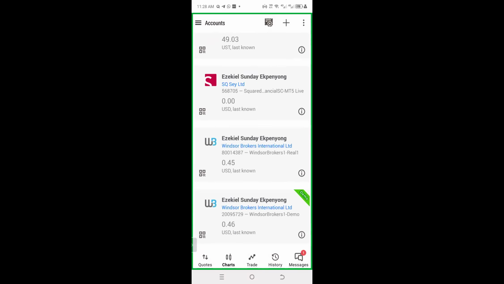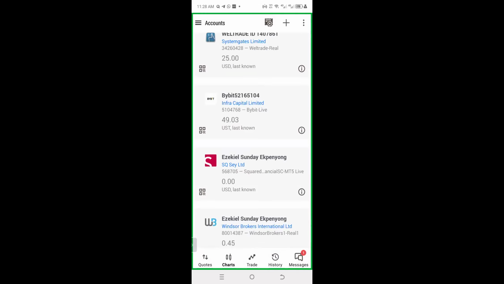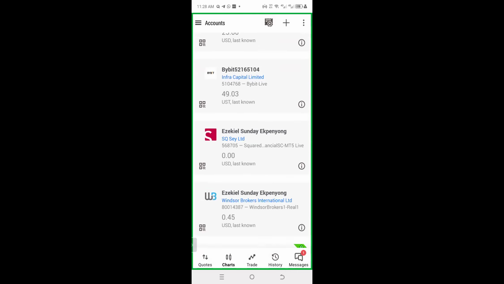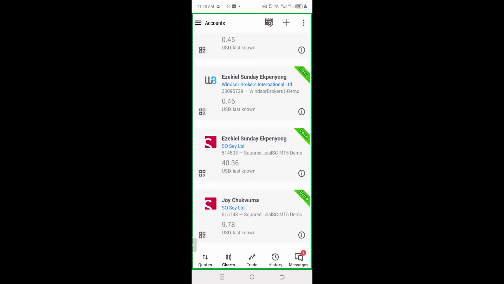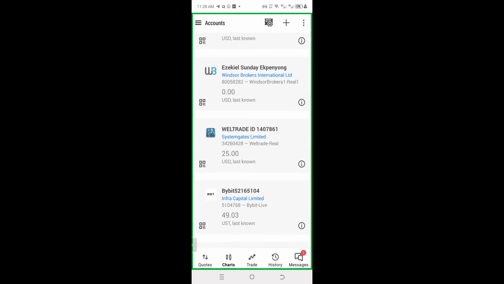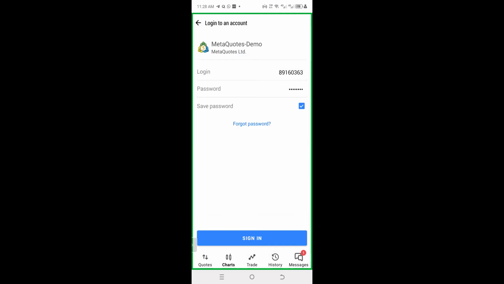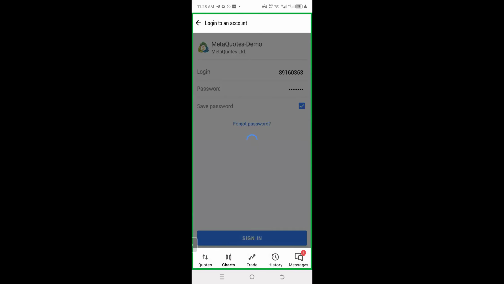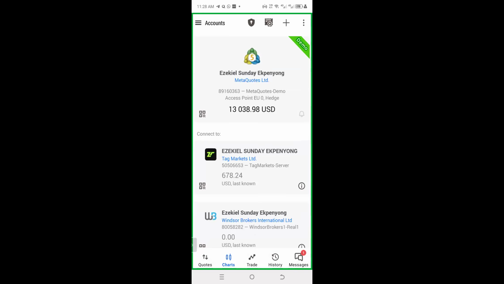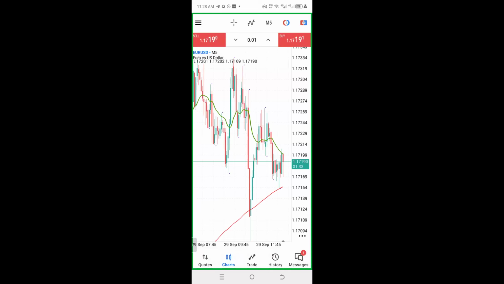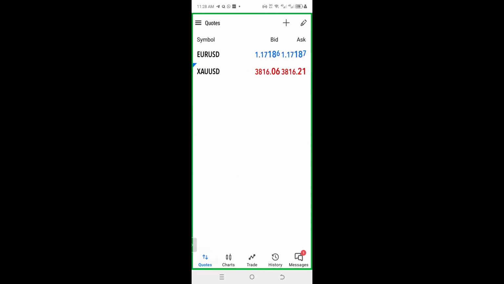Material level. Okay. Let's go back to the break even and trailing stop and material level. We're back there. So back to the quotes.